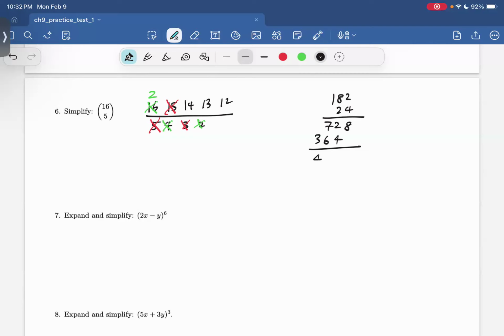It's going to be 4,368. Check with my computer. Oh dear. Oh dear. Oh dear. Nobody saw that. They're going to send me back to elementary school at this point.